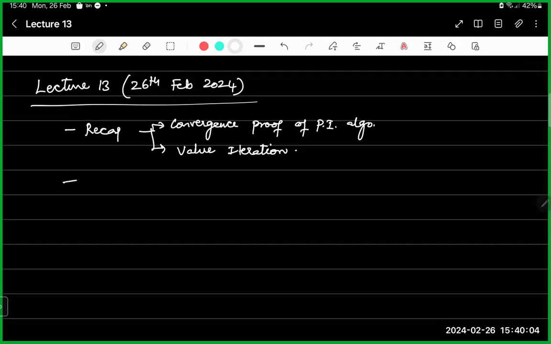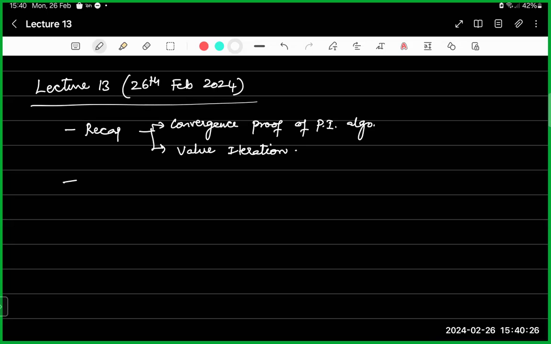And in today's class, we'll also look at how many iterations you need in a policy iteration algorithm for it to converge, right? It's an iterative algorithm which we are doing using the Bellman expectation equation.